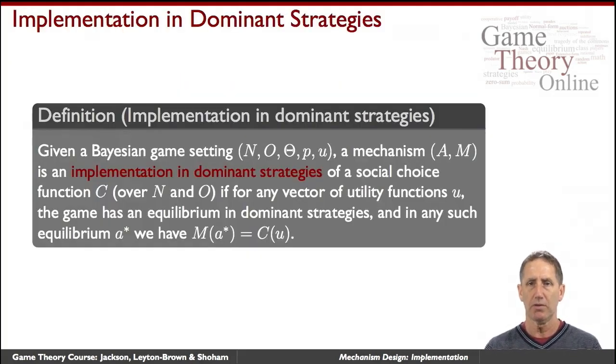So what does it mean to implement a social choice function? It in fact has several possible meanings. One of them, among the strongest, is implementation in dominant strategies. What does that mean?